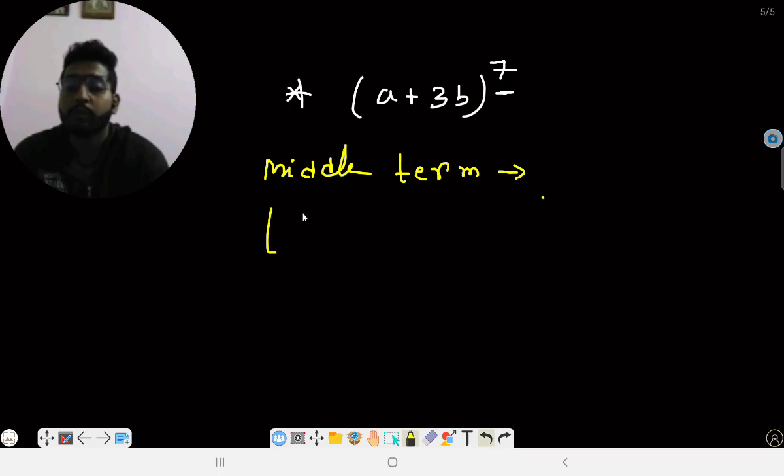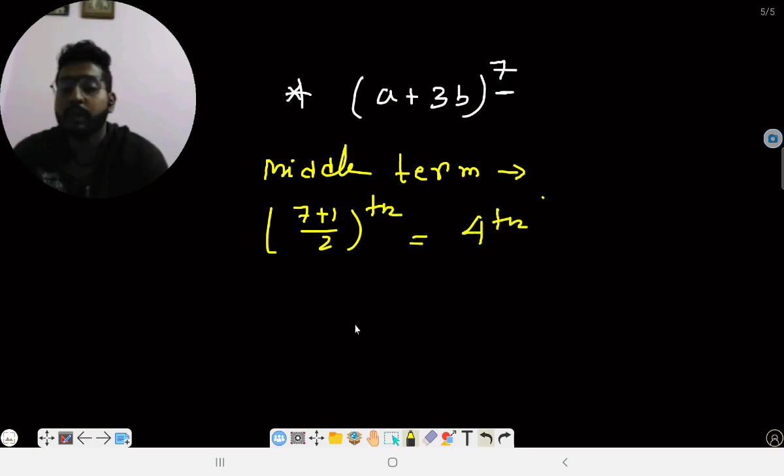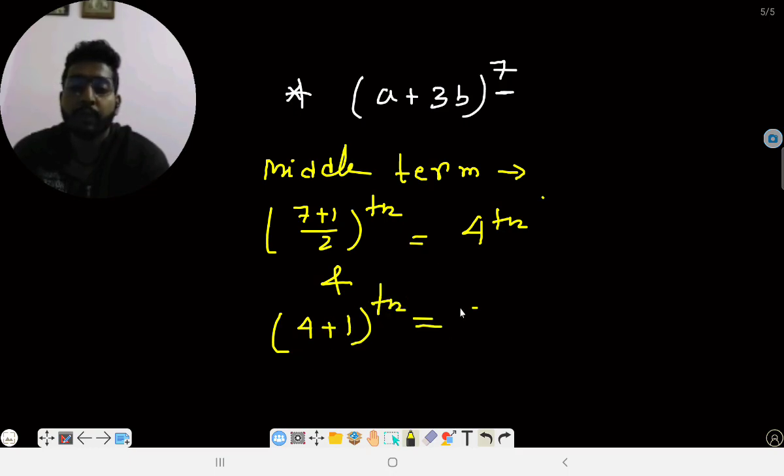The first middle term will be the ((7 plus 1) by 2)th term, that means 8 by 2, so the fourth term will be the first middle term. And the next one will be 4 plus 1, that means the fifth term will be the next middle term.